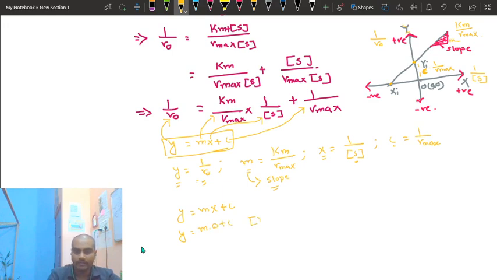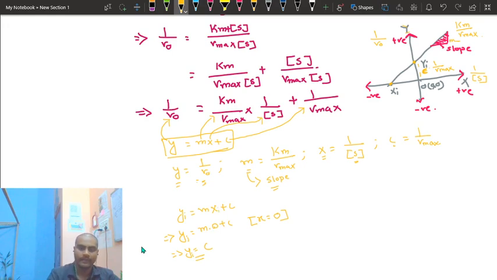Over here the value of x will be 0, right? If you have to find out the value of the y-axis intercept, at that time the value of the x-axis intercept will be 0. This point you have to remember, right? So what should be the value of y? The value of y would be c. So this is the value of the y-axis intercept, right?